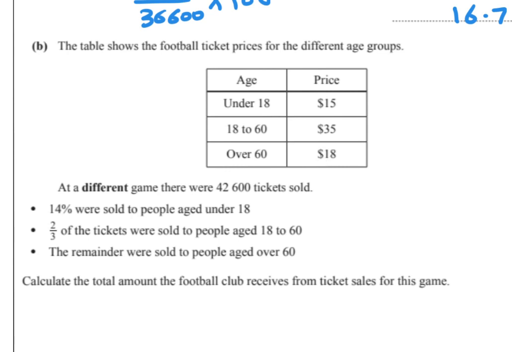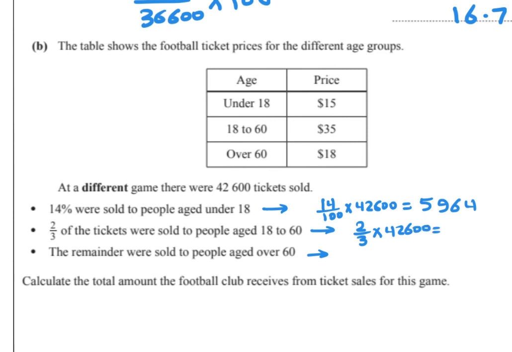So first we need to find the number for each group. 14%, this means 14 over 100, multiplied by 42,600 equals 5,964 tickets. For the second type, 2/3 times 42,600 equals 28,400.